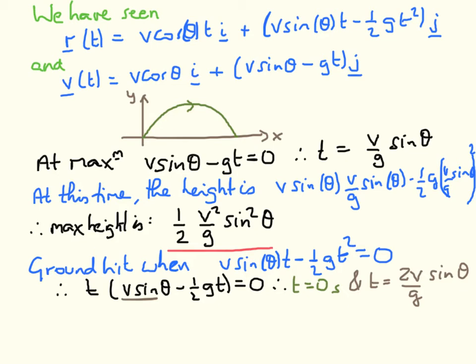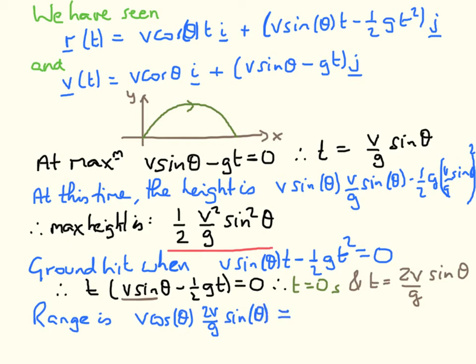So we take this time, we substitute it into the horizontal position, and that tells us what our range is. So therefore the range is going to be v cos theta times t, and this is t, so it's times 2v over g sine of theta.